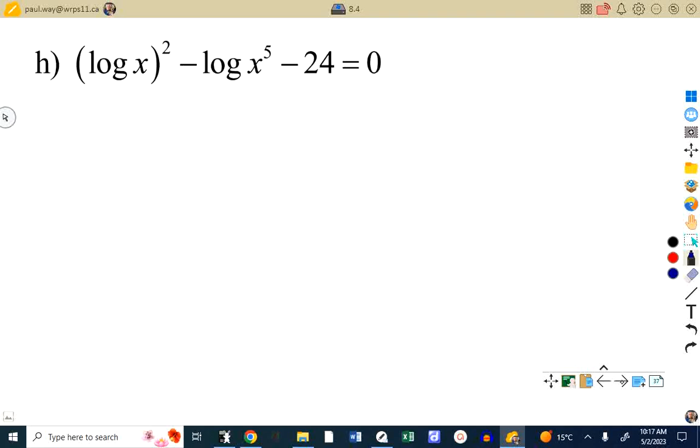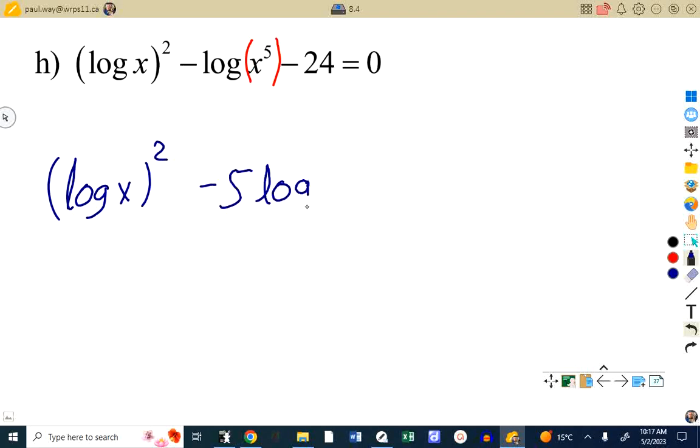The 5. It's an exponent on the argument. Again, there's an implication that when you see that, it's x to the 5 is the argument. So this equation becomes log of x quantity squared minus 5 log of x minus 24.